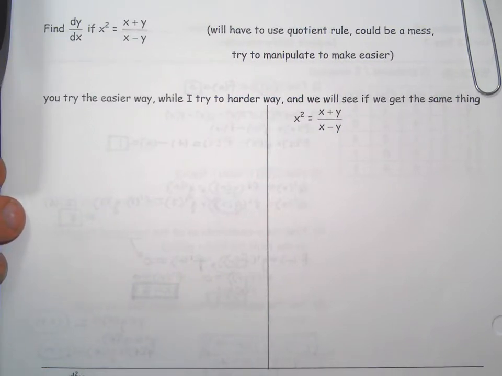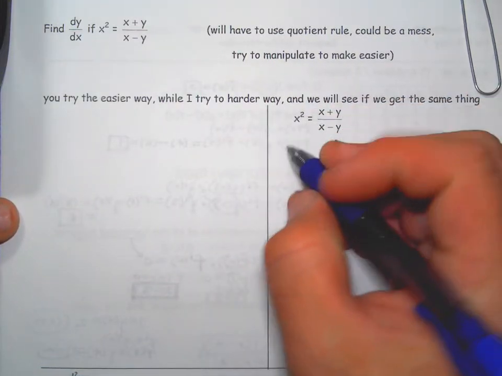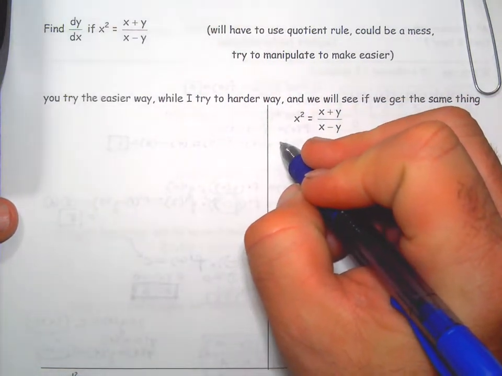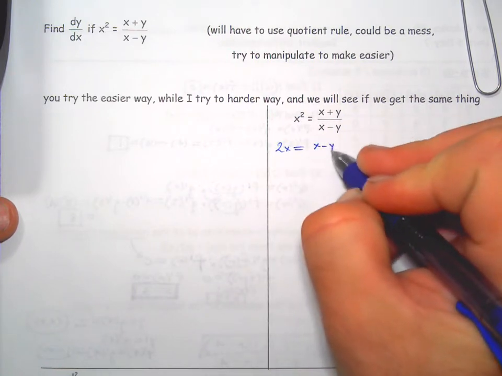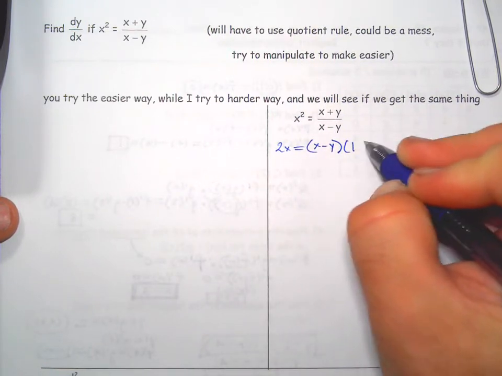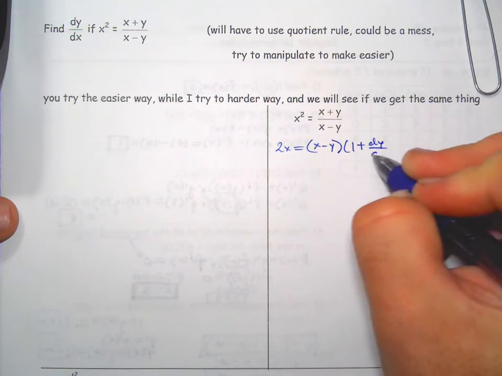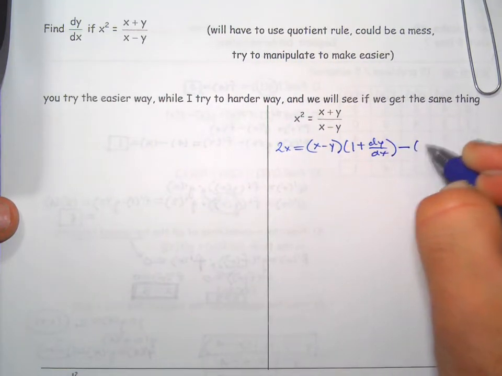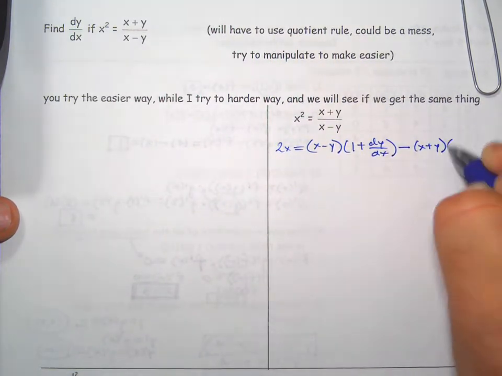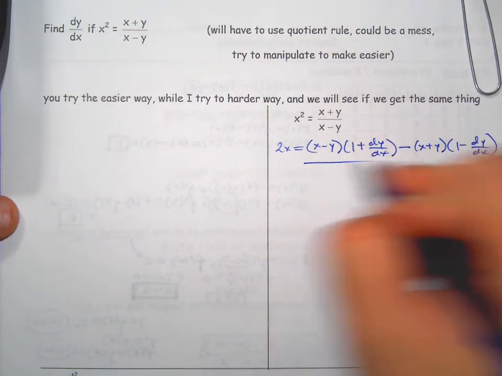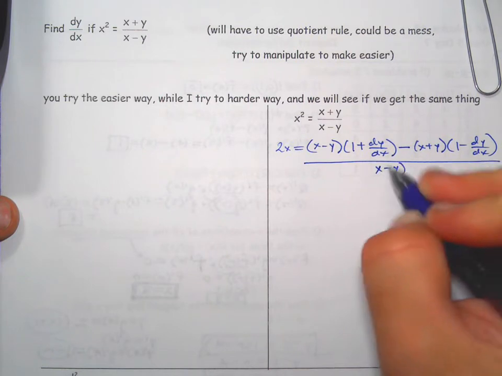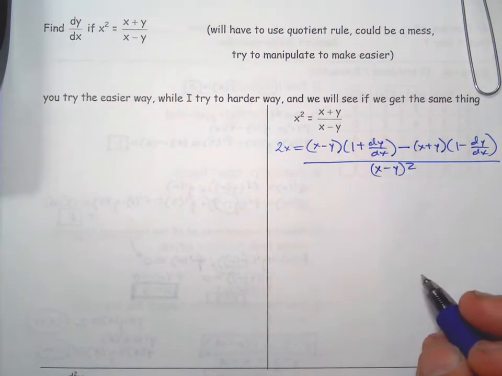Let's try it the way it's written, like this. So it would be 2x equals low d high, 1 plus dy/dx, low d high, minus high d low, 1 minus dy/dx, all over low squared. I mean, it's pretty messy.